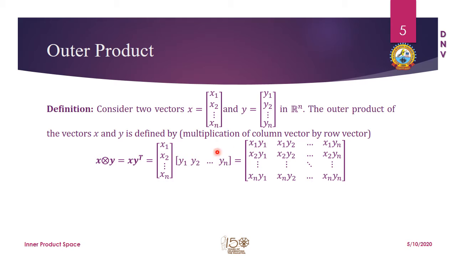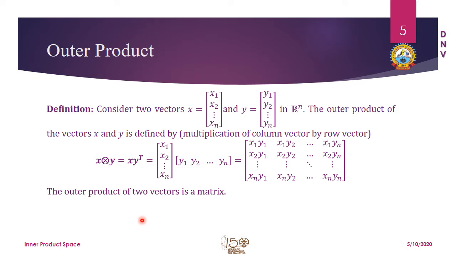So all these products will form the first row. Similarly for the second and up to n. So all these n rows and n columns will be constructed with the help of this outer product. But we are always interested in using the inner product only, because we are going to study the inner product vector spaces.